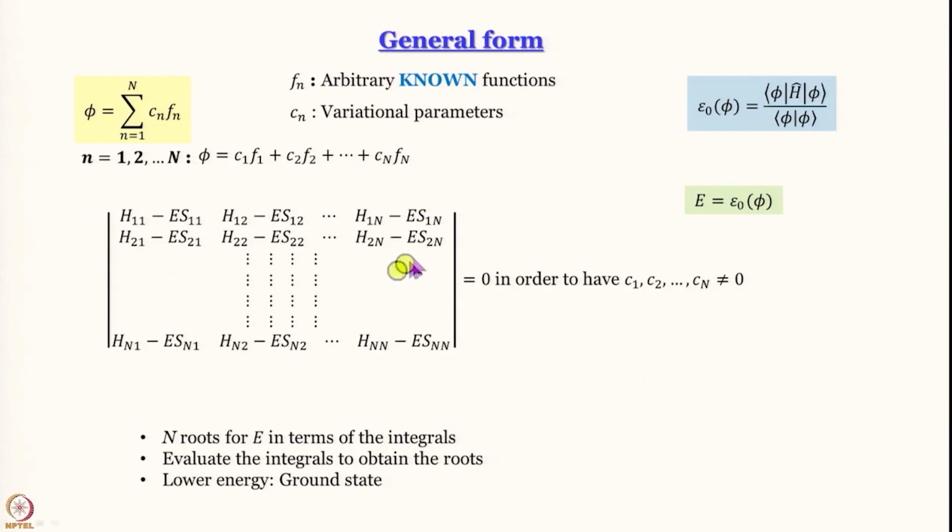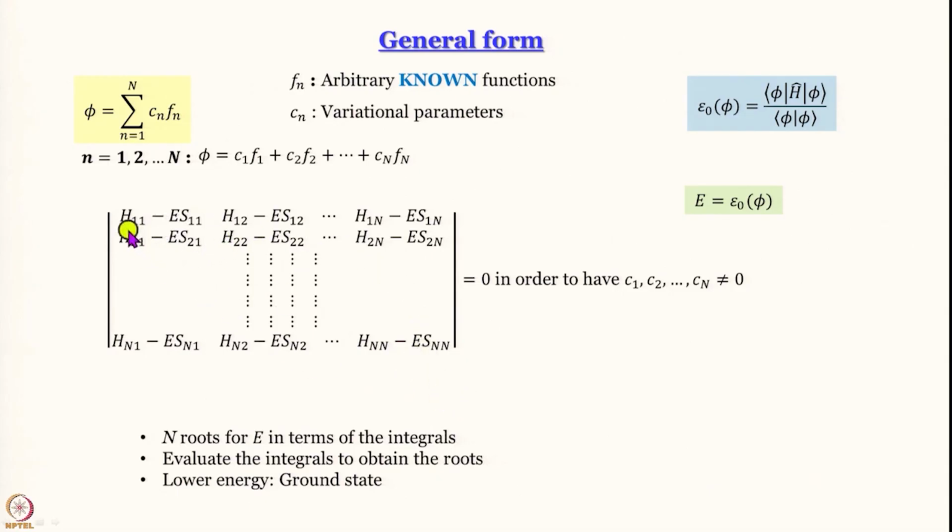It is not necessary that small n will be restricted to 1 and 2, it can go all the way up to any number capital N. So the function will be capital phi equal to C1 F1 plus C2 F2 and so on and so forth, plus C capital N F capital N. In that case we will just get a bigger, perhaps more intimidating secular determinant, but it is a secular determinant of nth order.